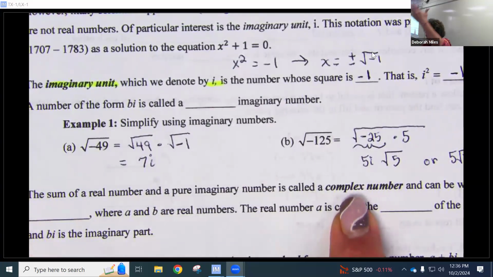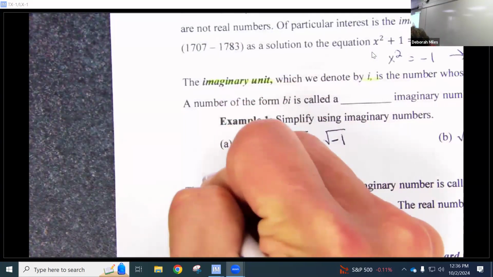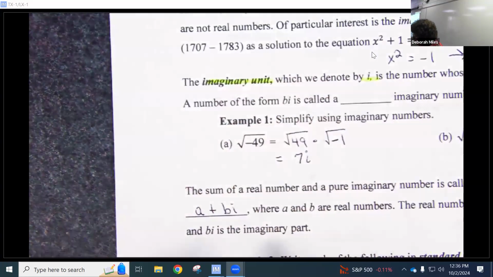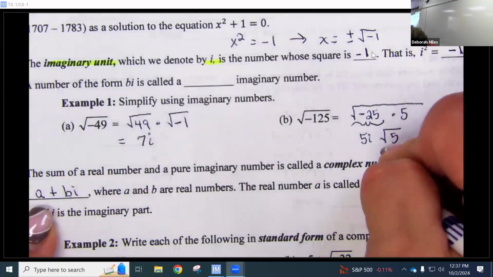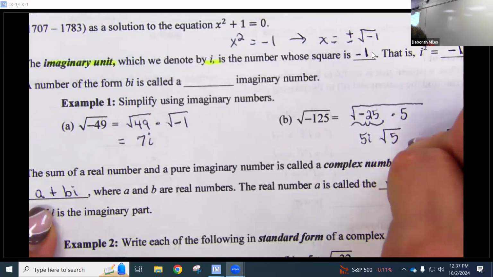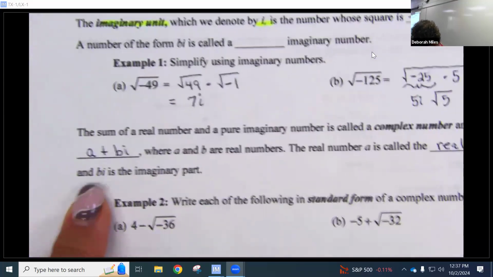Complex numbers have a real part and an imaginary part. They're written in the form a plus bi, and the a is called the real part of the number, and the bi is the imaginary part of the number.